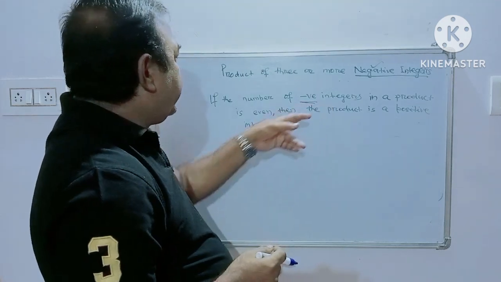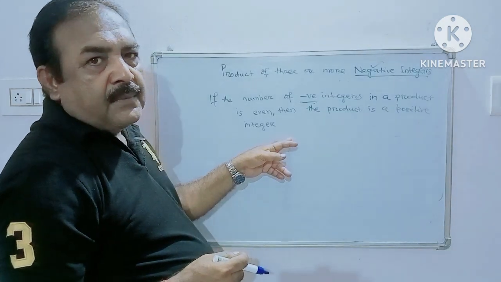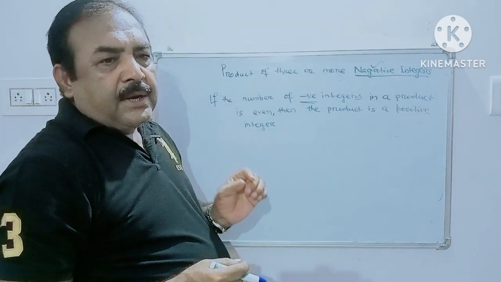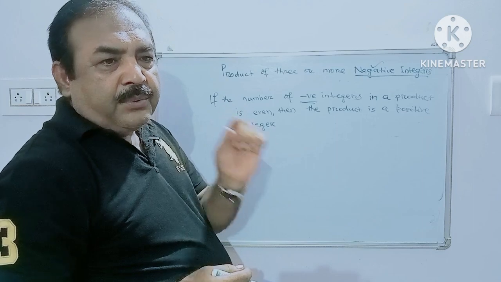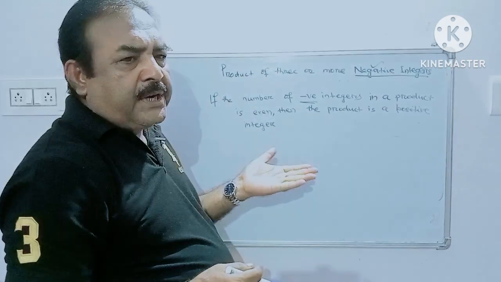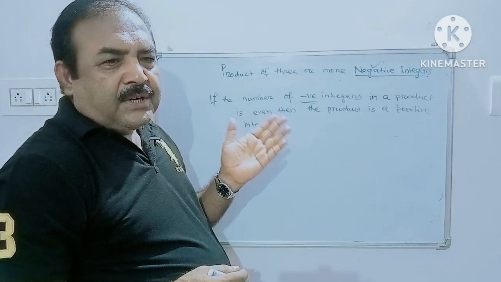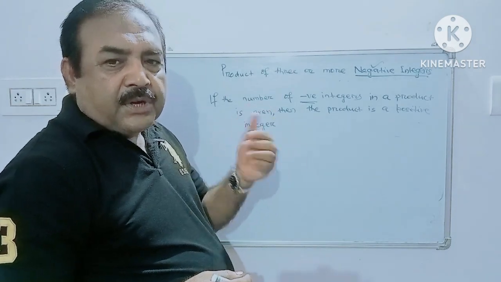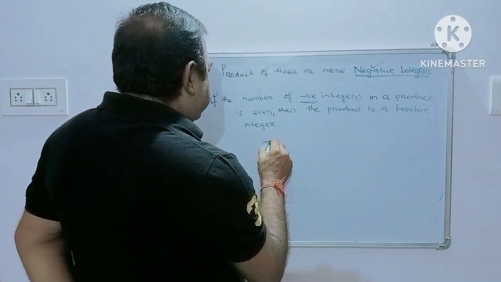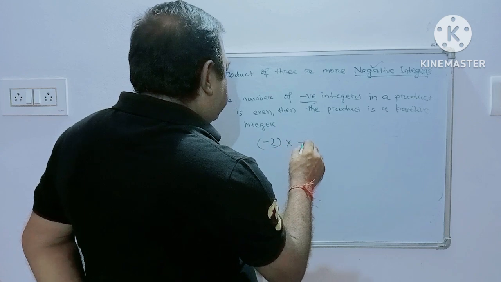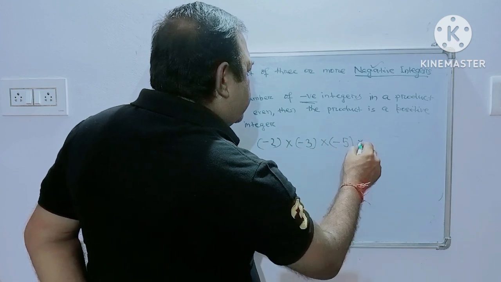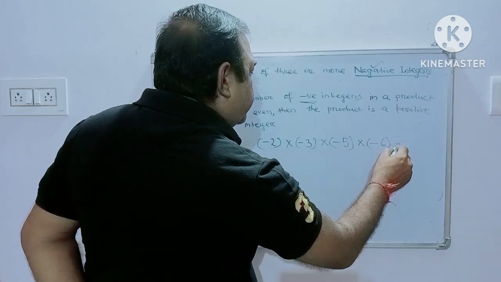So you know what is even and what is odd. An even number is completely divisible by 2, that is a multiple of 2. And an odd number, you better know, is not completely divisible by 2, or is not a multiple of 2. So suppose I write like this.